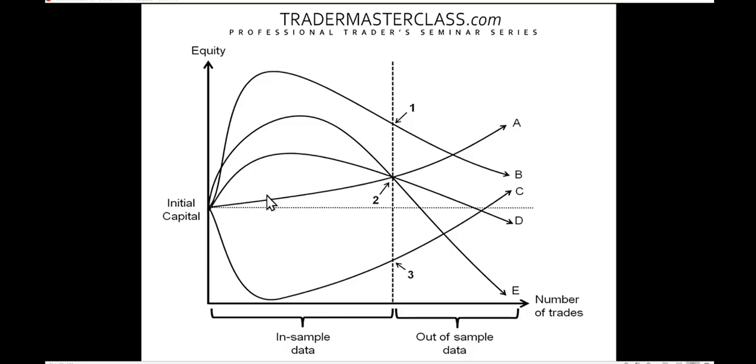So B, D, and of course E. E is the same issue as well. So, these three equity curves associated with whatever look back period based on the moving averages that we were backtesting, I will not select these three moving averages.